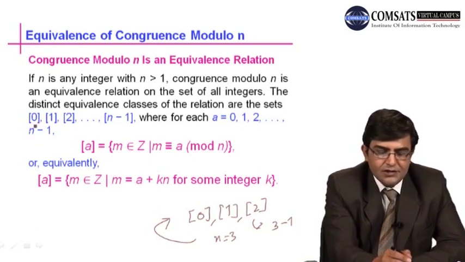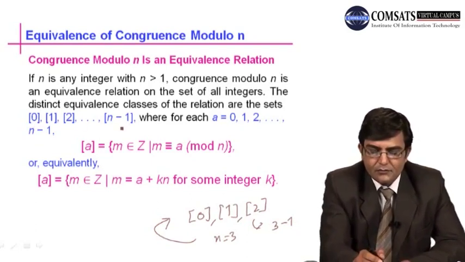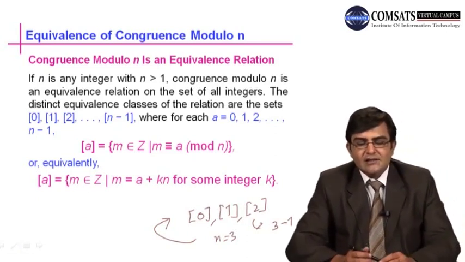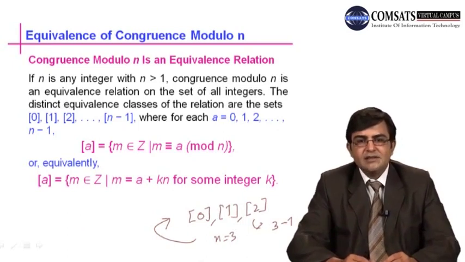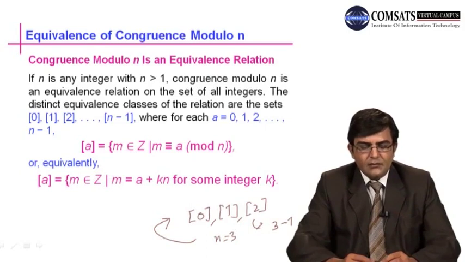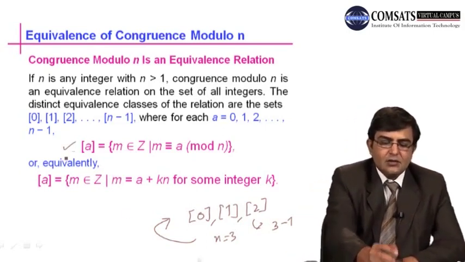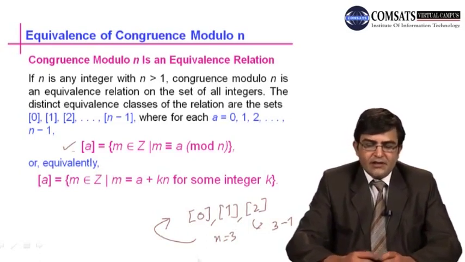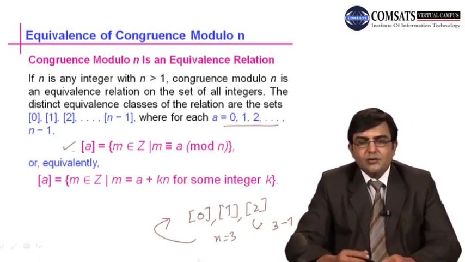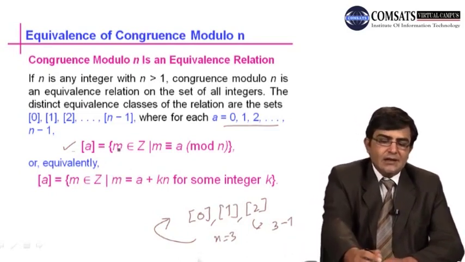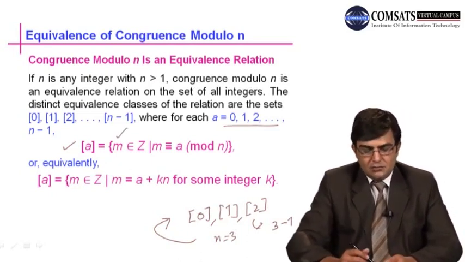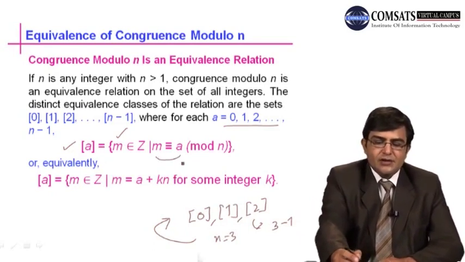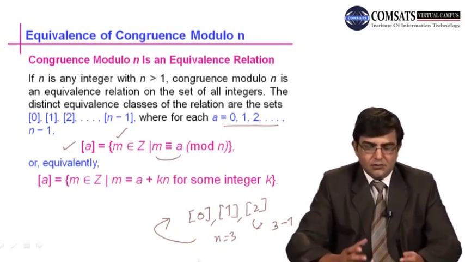It is from 0 to n minus 1, and all these classes must be distinct and define the partitions of Z. So how do we define these classes? The congruence class of any integer a, where a is from 0, 1, 2 and so on, is all those integers m of Z such that m is congruent to a mod n.